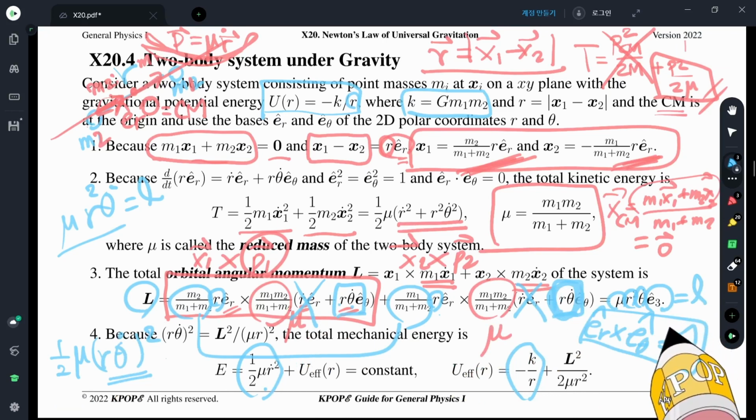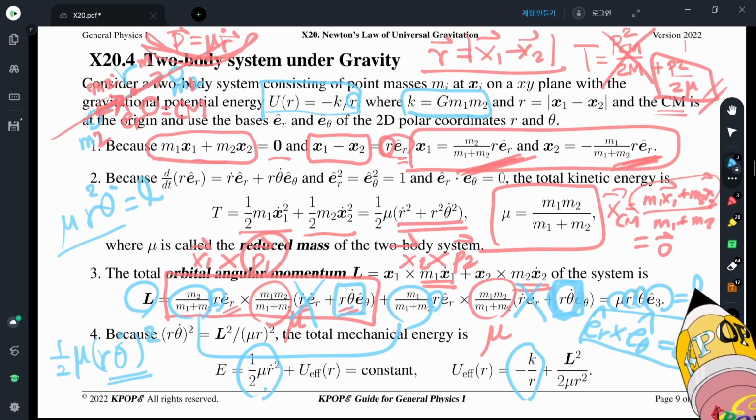Any system of particles has vanishing torque due to the internal force, internal torque. Therefore, the angular momentum is constant.